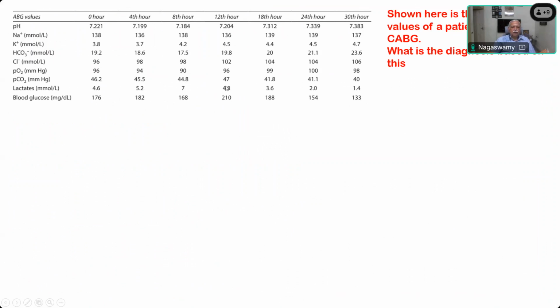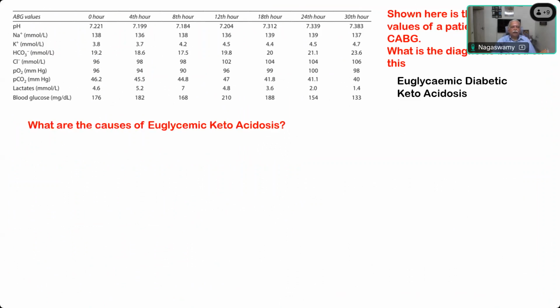PCO2 is also quite acceptable. So it is not respiratory. Bicarb is consistently low, coming back to normal only here. So, euglycemic ketoacidosis. Okay, diabetic ketoacidosis. What are the causes of euglycemic ketoacidosis?